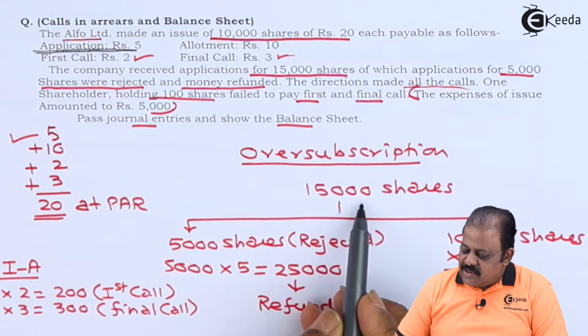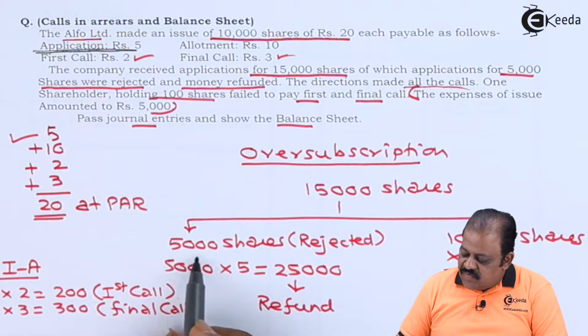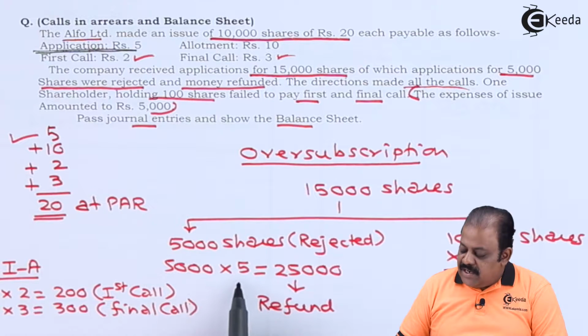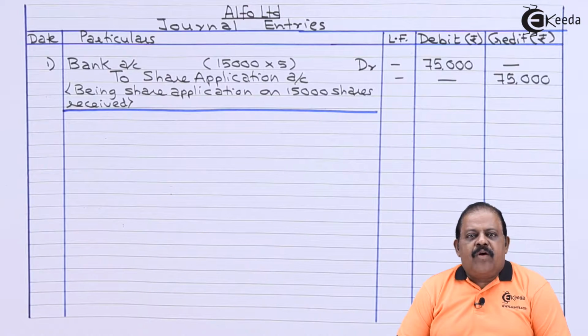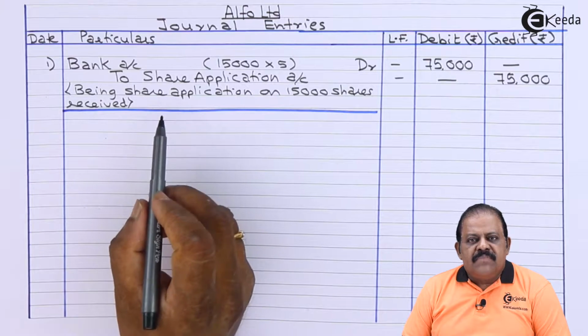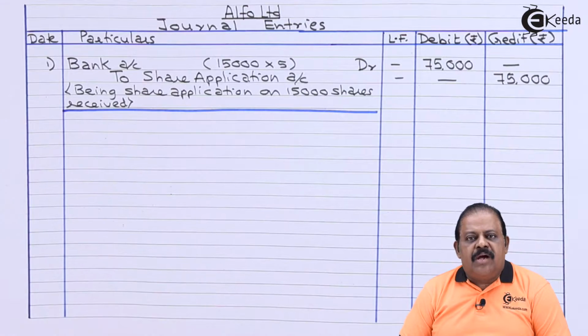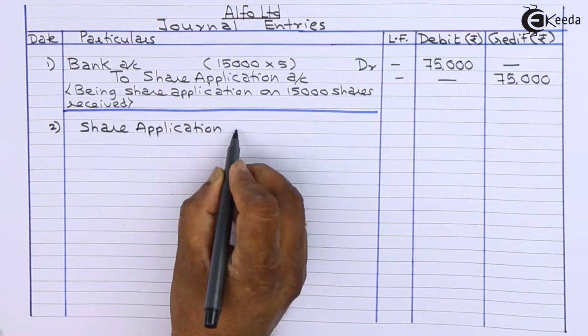Total applications received 15,000, rejected applications 5,000, per share application amount 5 rupees, so refund amount is 25,000. To record refund, we are required to reverse this first entry. This entry is for receiving application amount. For refund of application amount, this entry will be reversed.